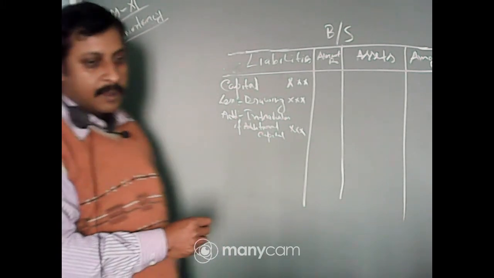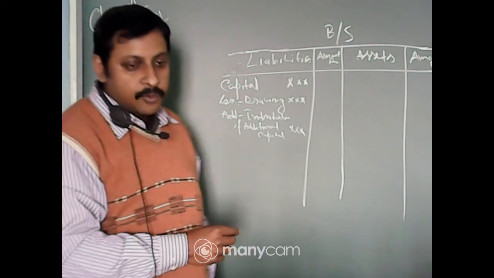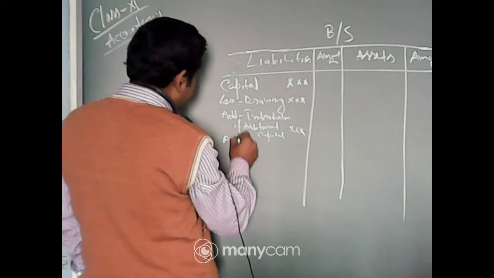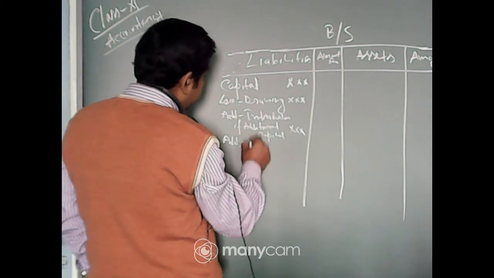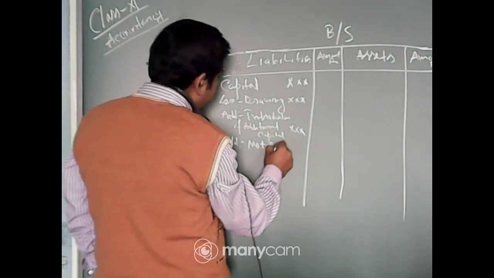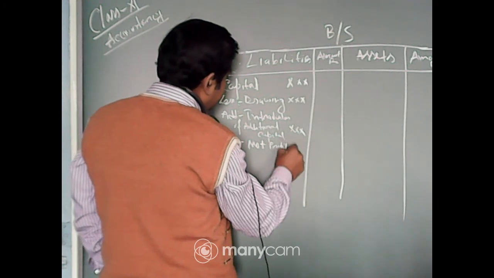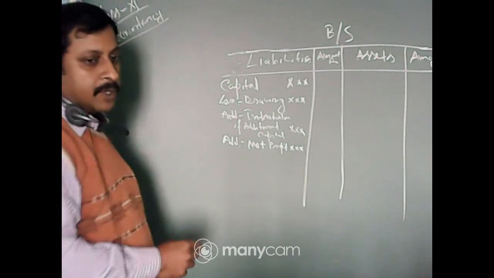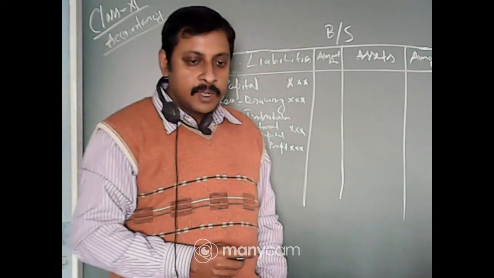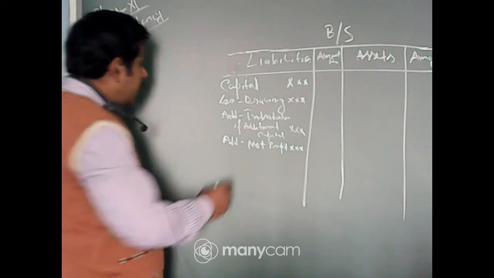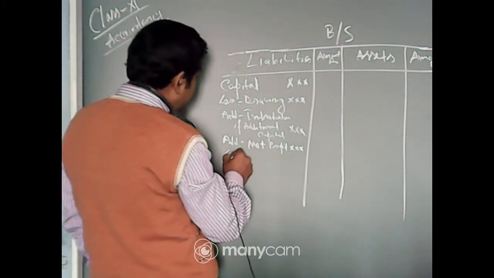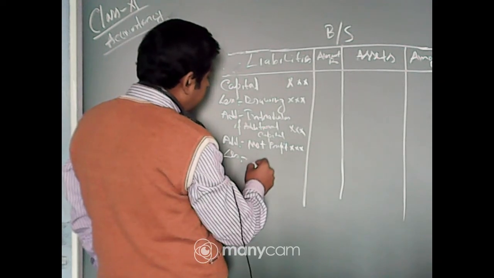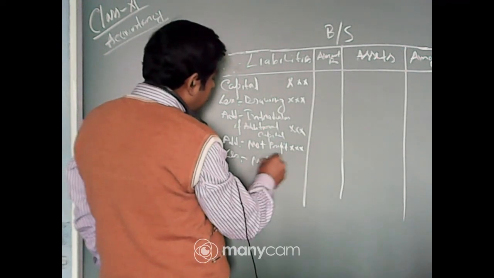From the profit and loss account, if there is a net profit, we add it to the capital, because it belongs to the proprietor. If there is a loss, capital erosion happens, so we deduct the net loss from the capital.